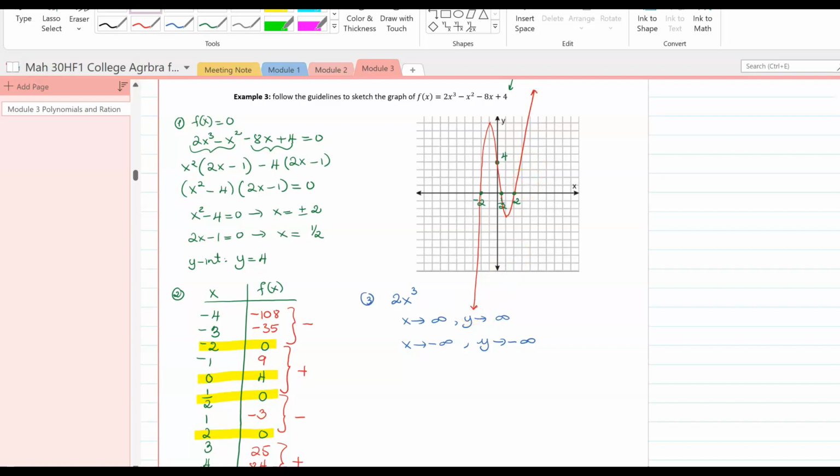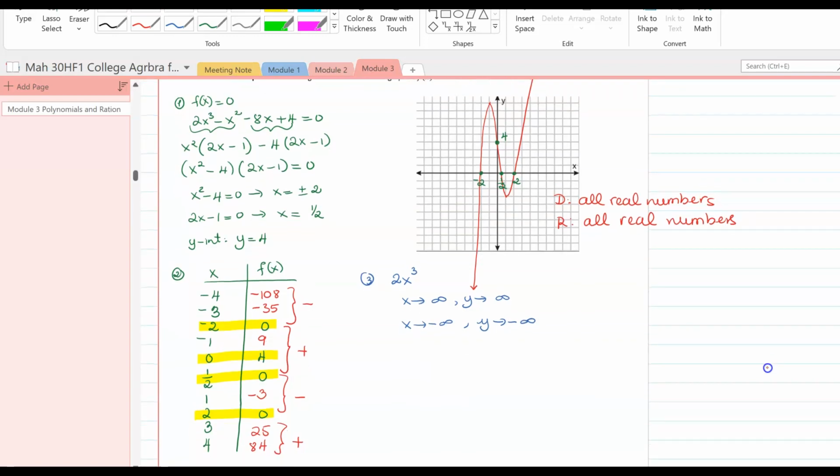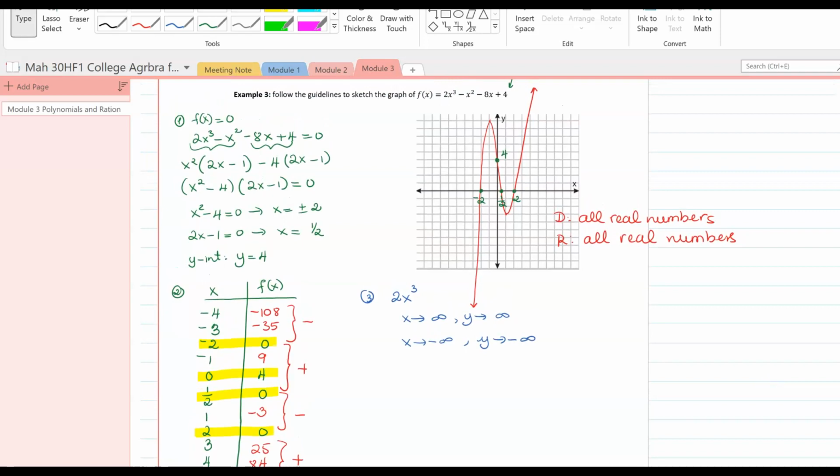There we go. And here the domain is all real numbers, and the range is all real numbers as well. Again, this is not a super accurate graph. However, it tells you the behavior of what sort of graph it looks like.